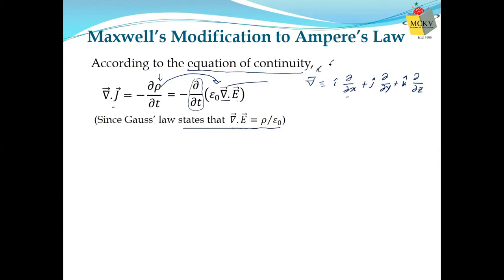This operates on space. Whereas del t is the time operator, where we want to change the quantity with respect to time. Okay. So there are two operators. One is the space operator, one is the time operator, which are operating on the electric field. First, the space operator, divergence, is operating on the electric field, then del t is operating.